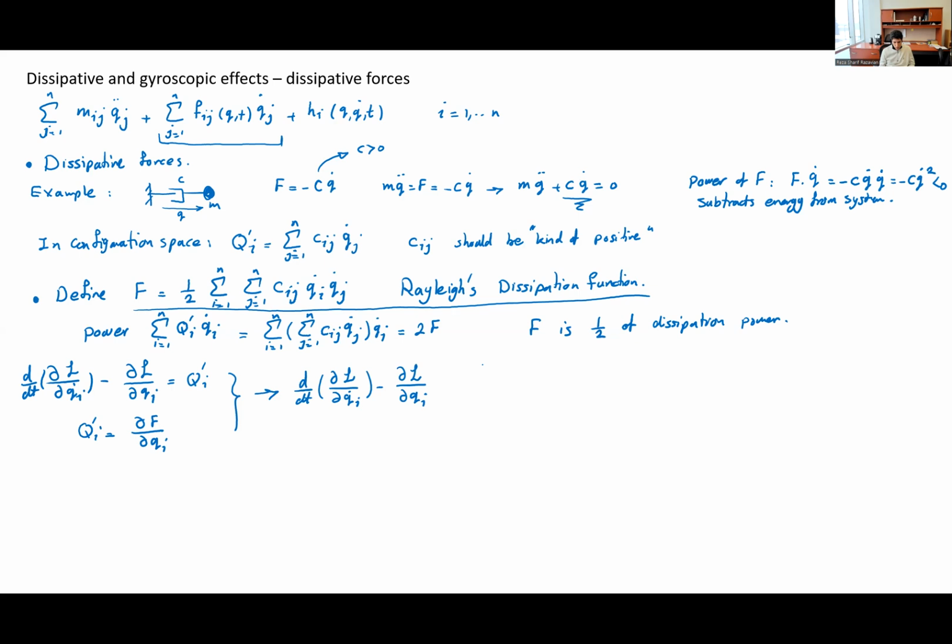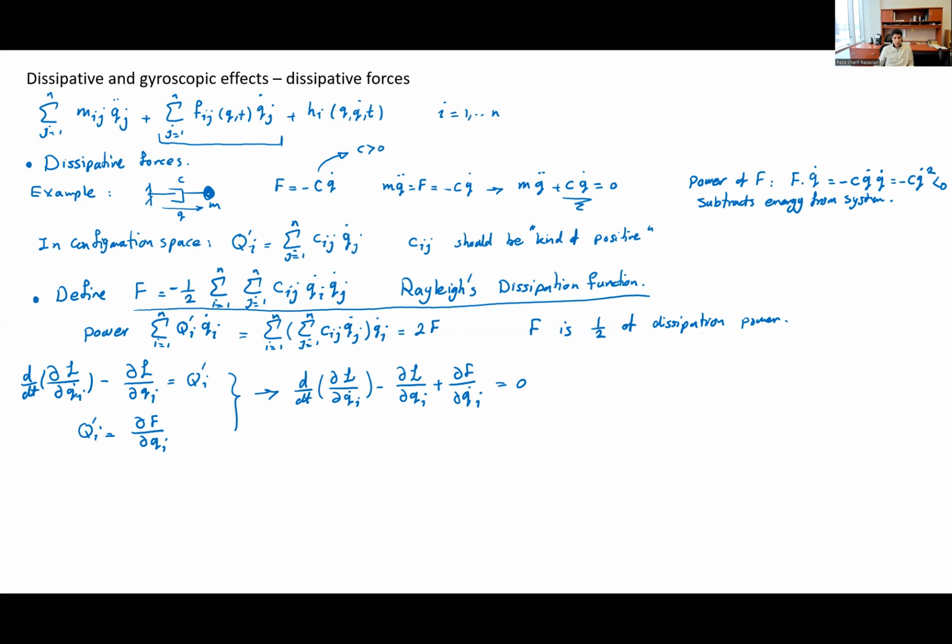I'm missing some signs. Let me see. I have it as plus here, partial F partial q dot i equals 0. Let me think for a second. I'm missing a sign. This must be negative.